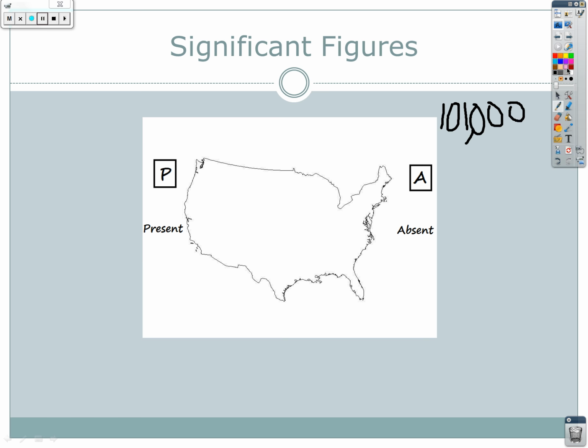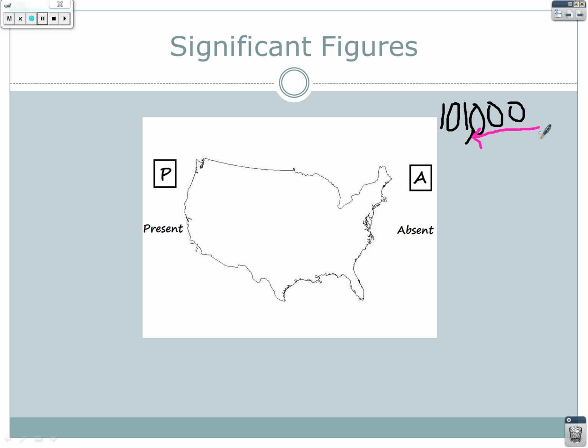We could go back and refer to the rules, or we could use Mr. Lockett's trick. The trick that Mr. Lockett teaches us is that when a decimal place is absent, starting from the right side of the number, because the Atlantic Ocean is on the right side of the United States, you go right to left and you stop when you hit a non-zero. That first non-zero is your first significant digit.